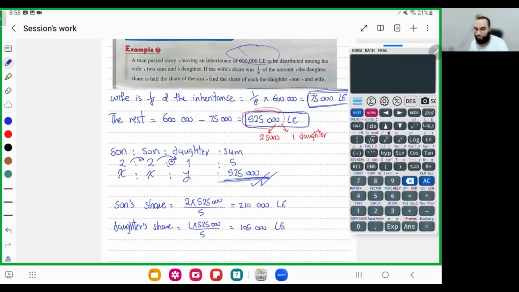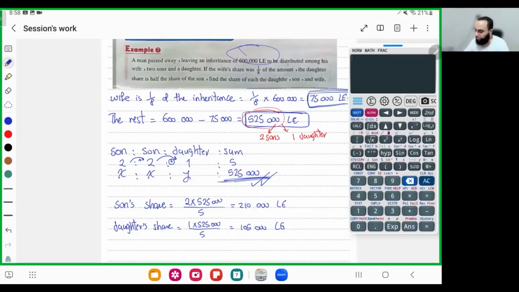There is a problem. Let me check it. It's 525. It's correct. What's the problem? Right now it's correct.